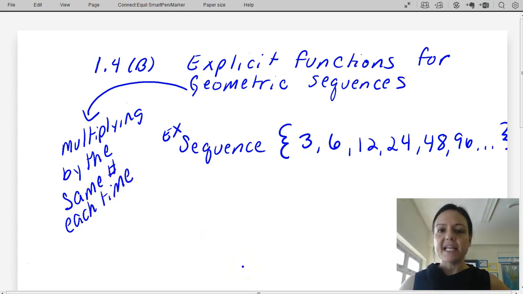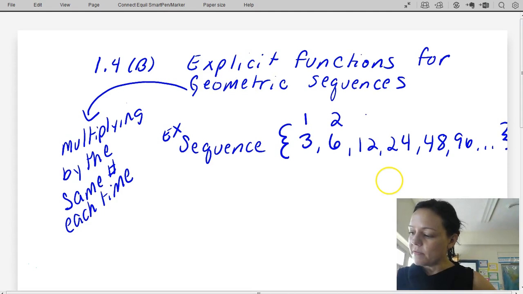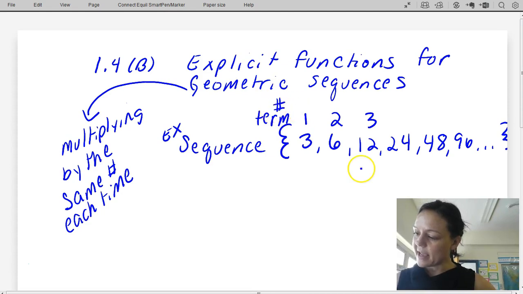Okay, I have an example sequence right here. If you could write that down for me. It looks like 3 is our first term, 6 is our second term, 12 is our third term. I'm going to put term number, because the actual term is here.